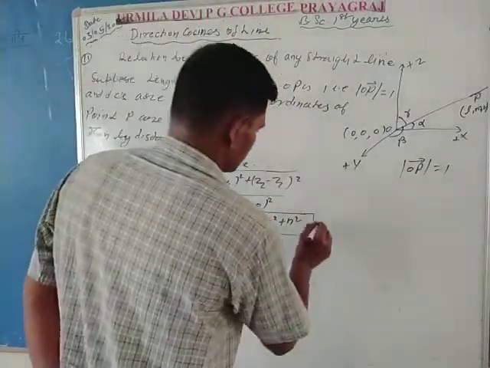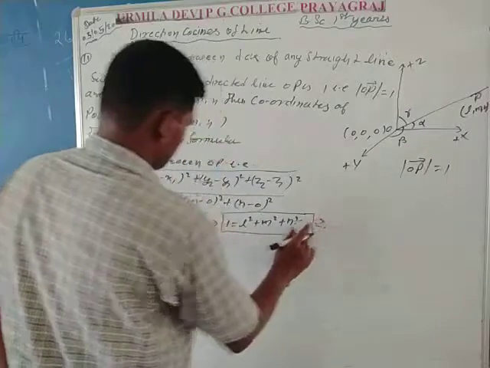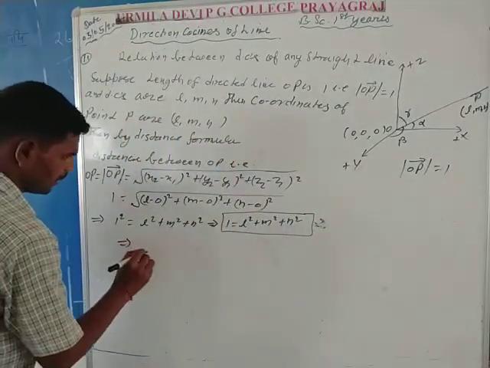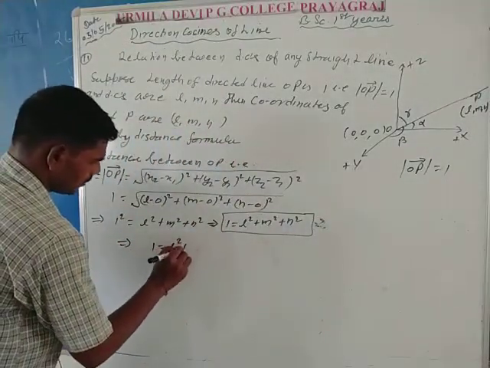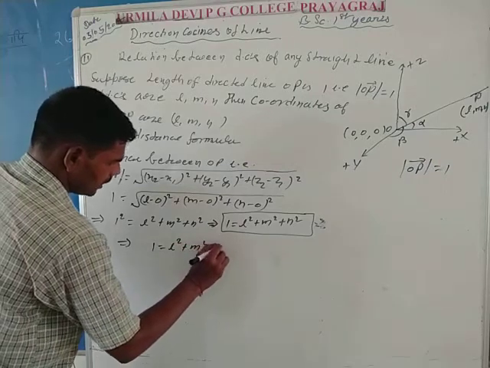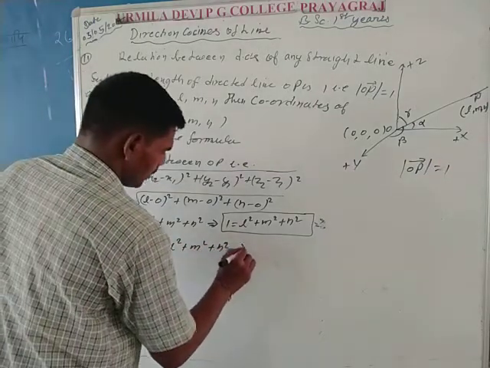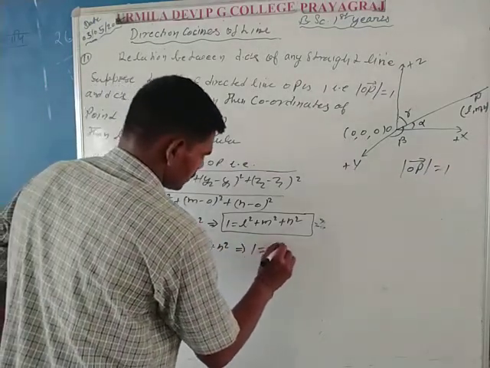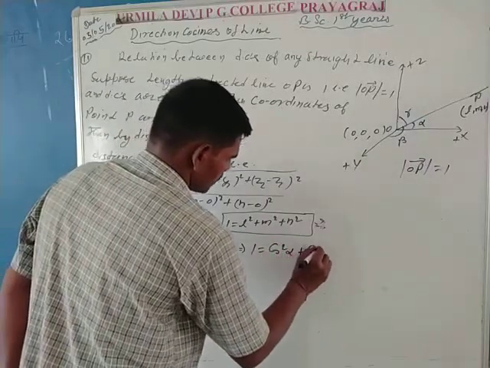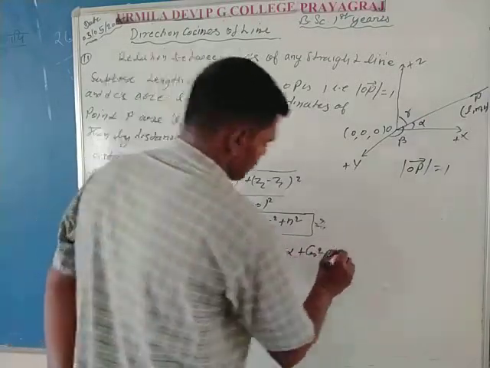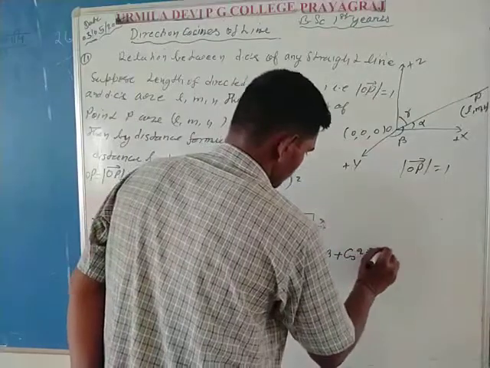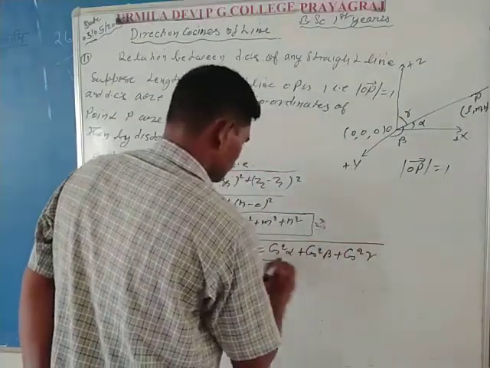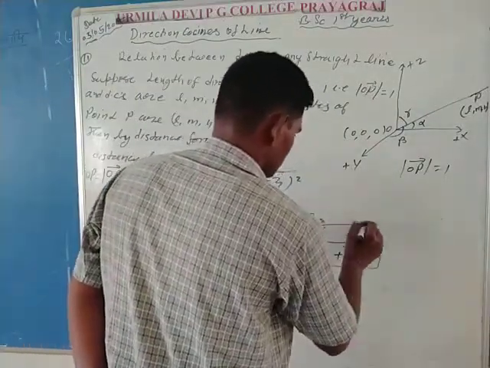After putting these values, it implies that 1 is equal to cos square alpha plus cos square beta plus cos square gamma. This is first, this is second.